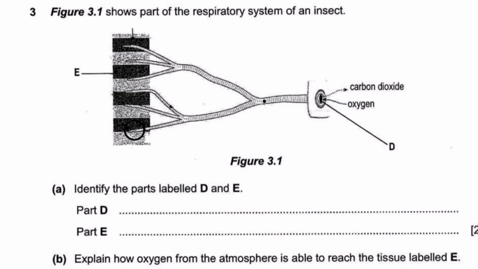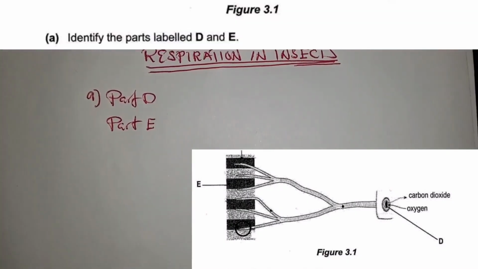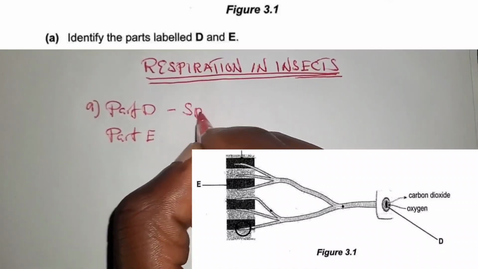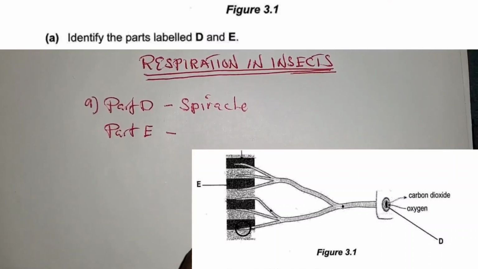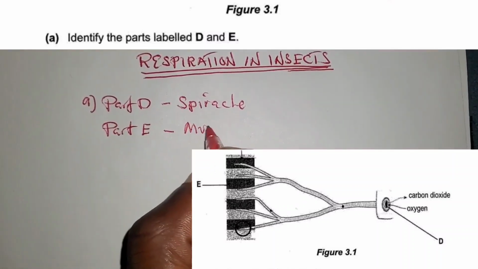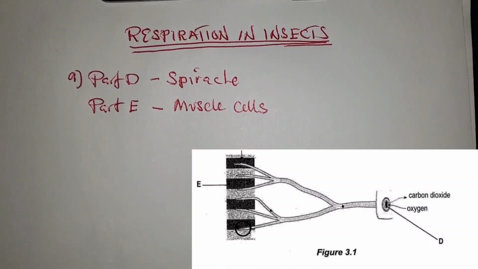There is the structure E, carbon dioxide out, oxygen in, and part D. Question A asks to identify the parts labeled D and E. So part D is the spiracle, and part E is muscle cells.